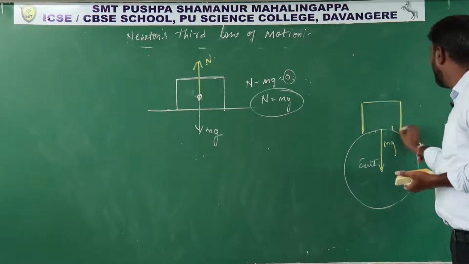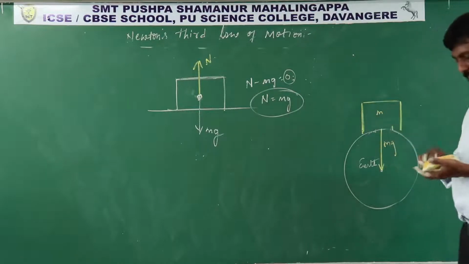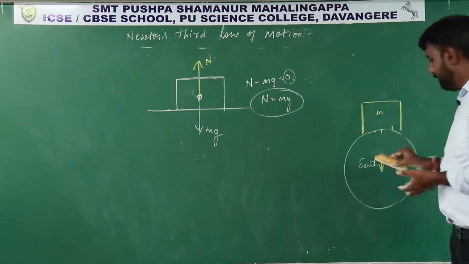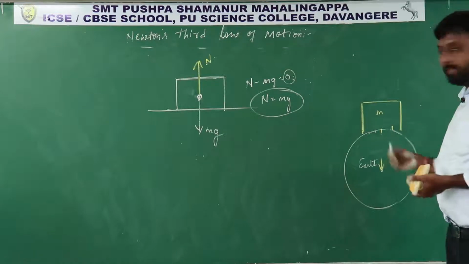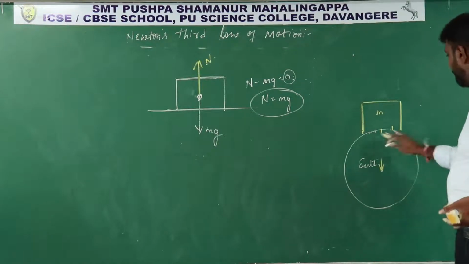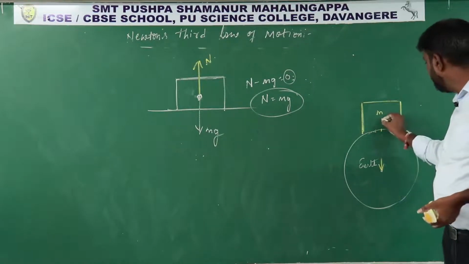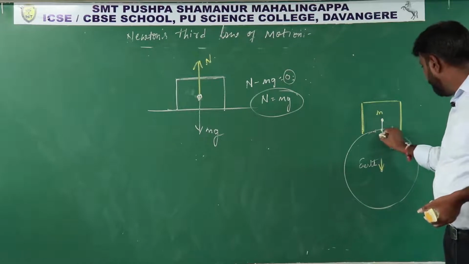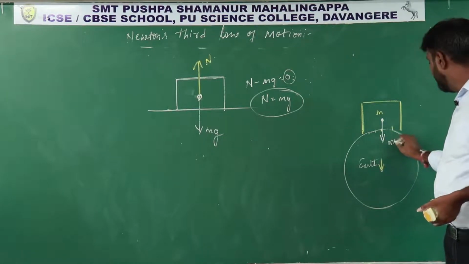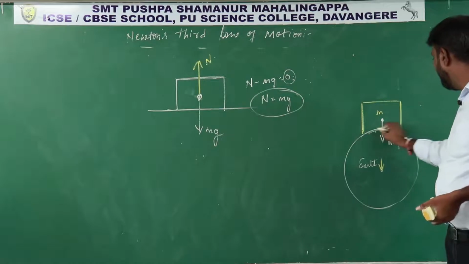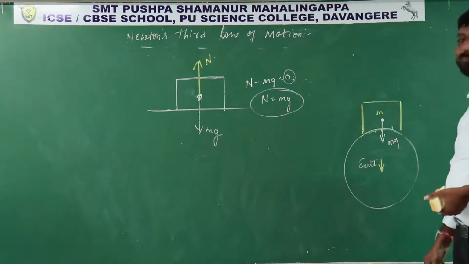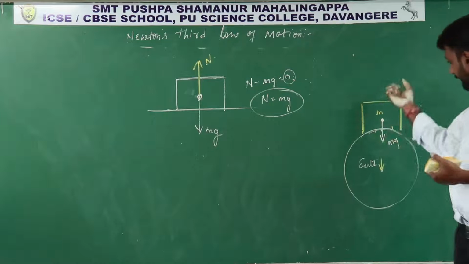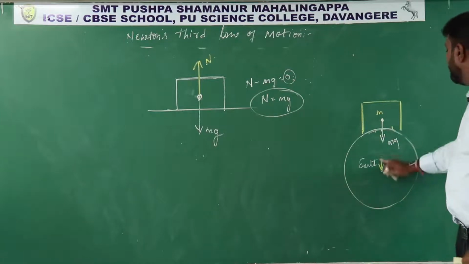This is the block placed on the surface of the earth. Due to gravitational force, the weight of this mass acts downwards; the earth is attracting that mass.